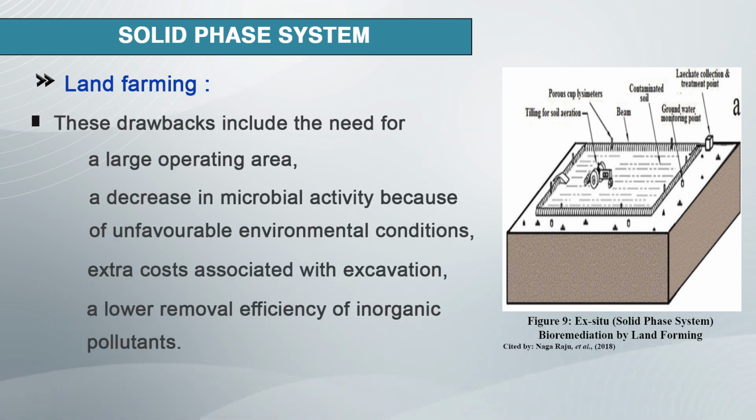The drawbacks include the need for a large operating area, a decrease in microbial activity because of unfavorable environmental conditions, extra cost associated with the excavation, and lower removal efficiency of organic pollutants. This figure shows ex situ solid phase system bioremediation by land farming.